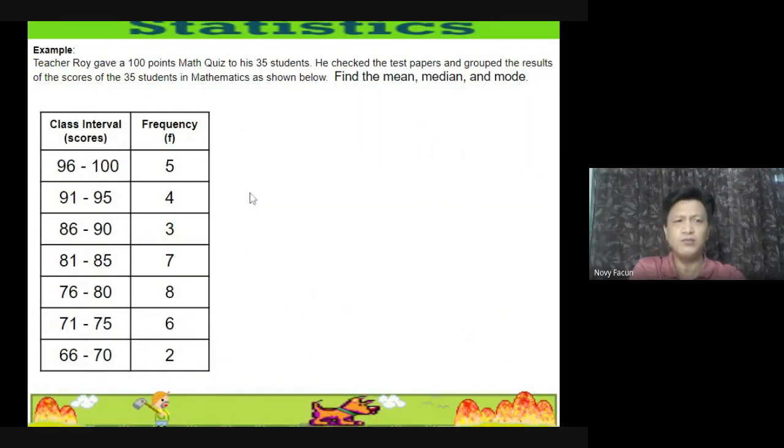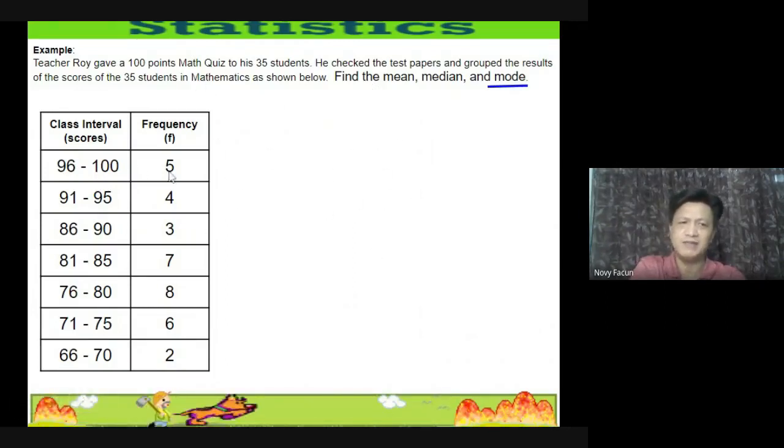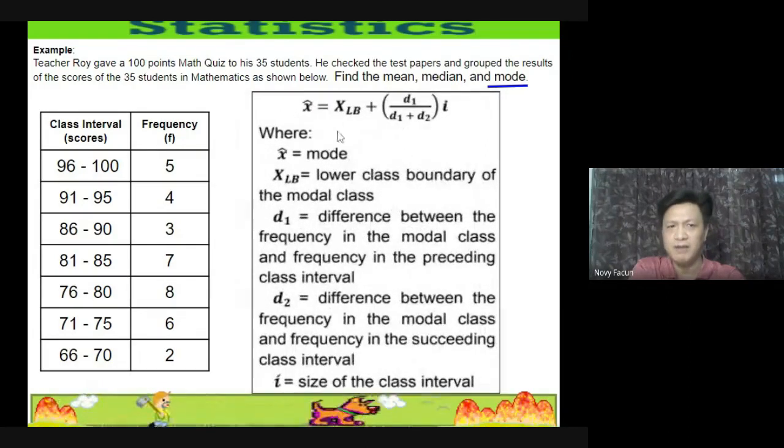Okay, so with that, we are going to solve for the mode. Okay, so same procedure, I mean same given natin, but take note, paano natin malalaman yung mode? Okay, meron tayong formula pa rin. So this is, okay, yun yung symbol ng mode natin. No? XLB, this is the lower boundary of the modal class plus d sub 1. Ano yung d sub 1 na to?